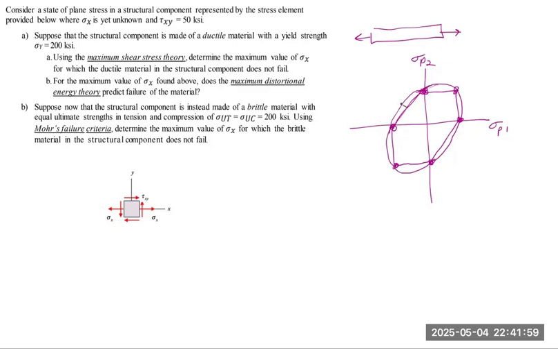However, on these other points, the maximum shear stress theory predicts a lower value than the maximum distortional energy theory, and thus the maximum shear stress theory, commonly denoted by MSS, is more conservative.